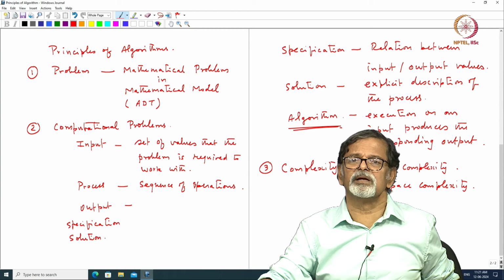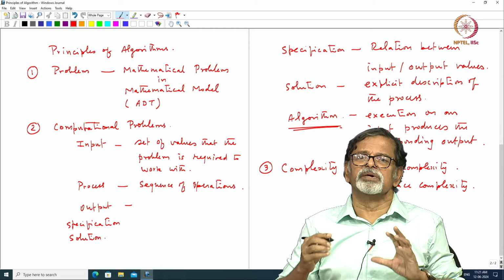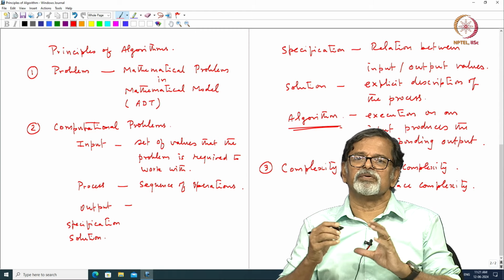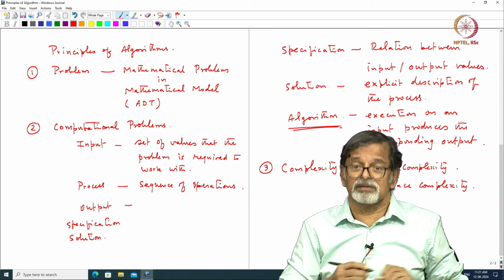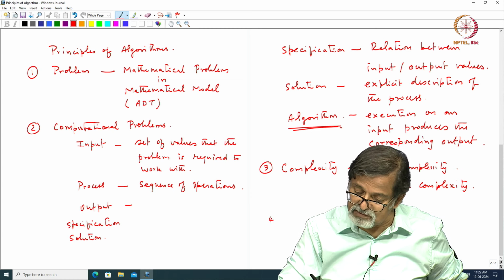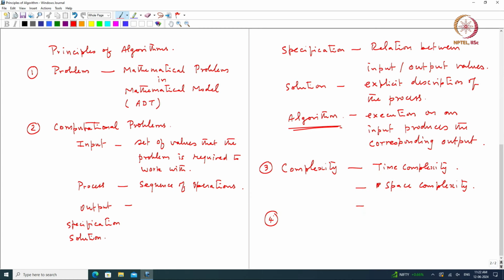So, we need the following important notion or concept. This is our next principle. This is called input size. Input size is an important concept, and this is addressing what is known as the problem of scale.